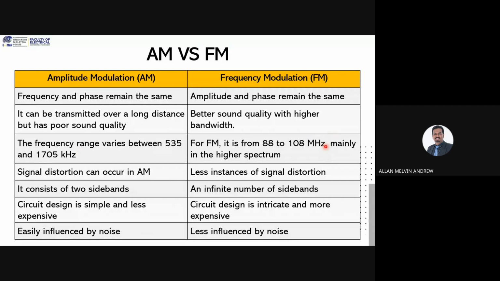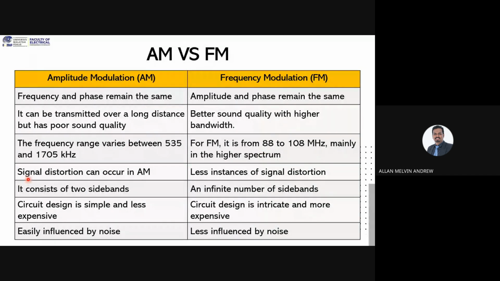For FM we are using megahertz, meaning millions of hertz, while here we are only using kilohertz, which is thousands. The frequency range is smaller for FM, starting from 88 megahertz until 108 megahertz. That's why even your radio channels in the car, when you tune, will be between 88 to 108. And mainly it covers the higher spectrum of the electromagnetic wave.